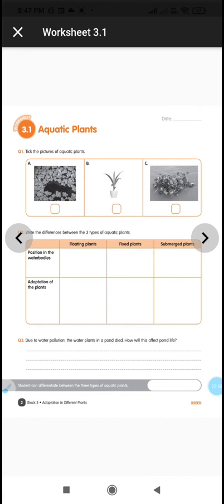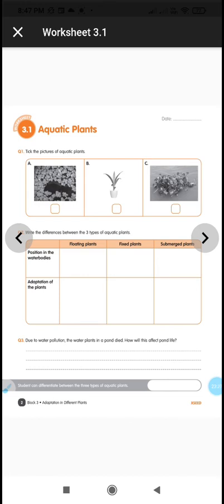So in your worksheet it is asking you to tick the pictures of aquatic plants. Here also it is asking you to tick the aquatic plant. So the first one is a floating plant. Only the leaves are floating. So this is also an aquatic plant. And the next one is in a flower pot.